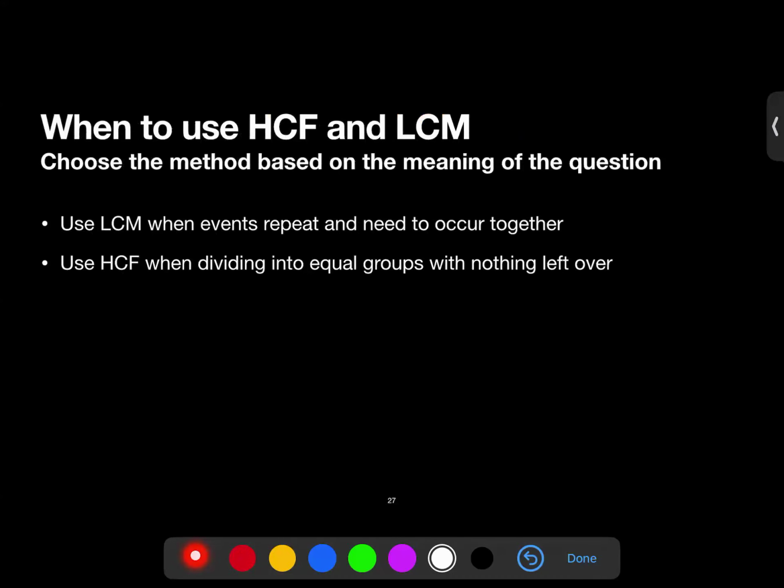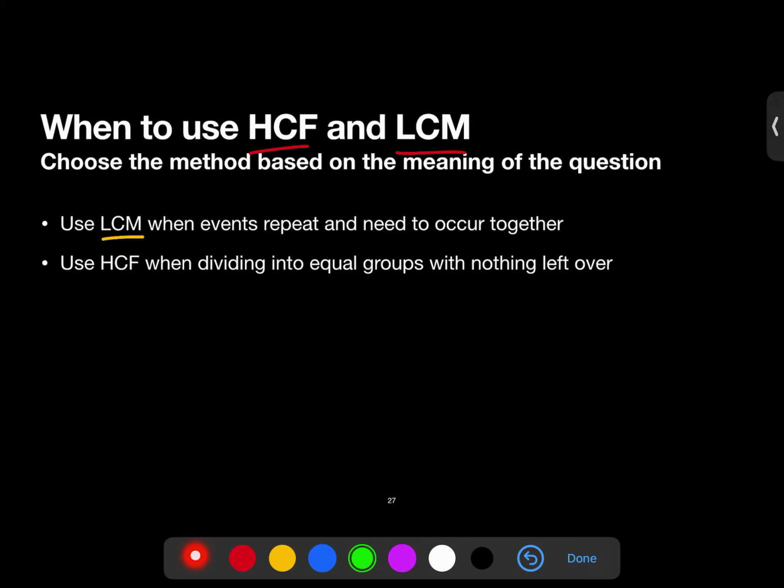So we have learned how to find highest common factor and how to find least common multiple, but we need to understand when to use each of these, right? We use least common multiple when we have events repeating and we need them to occur together.